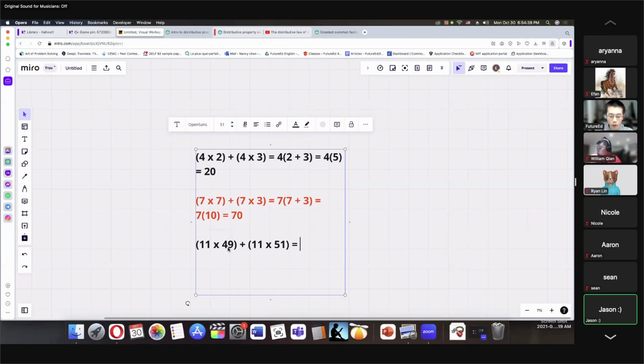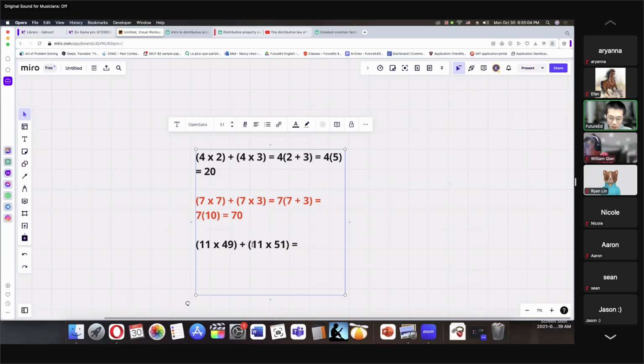What did you say? Can you factor out a number from both of these expressions? So you see there's an 11 times 49 plus an 11 times 51. So are you telling me to solve it? So what would be the first step? 510, and 490. It's not multiplied by 10, it's multiplied by 11.